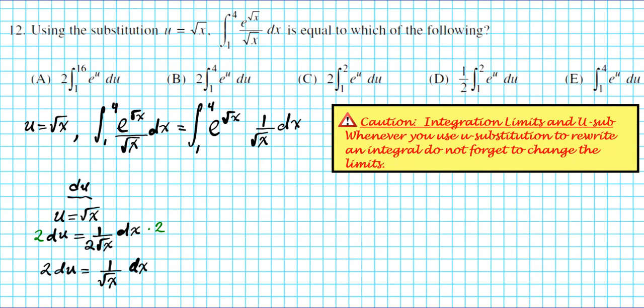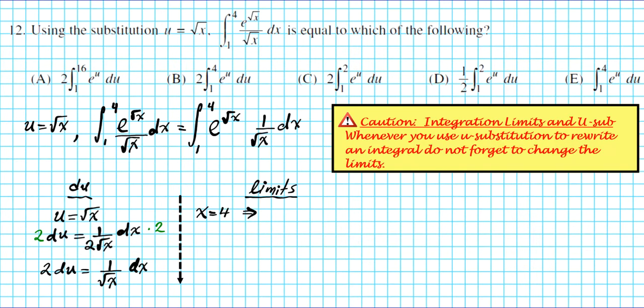Now let's talk about the limits for a second, okay? What are our new limits of integration going to be? Let's start with the upper limit. X equals 4 is the upper limit with the original variable x. With u, we know that u is rad x.